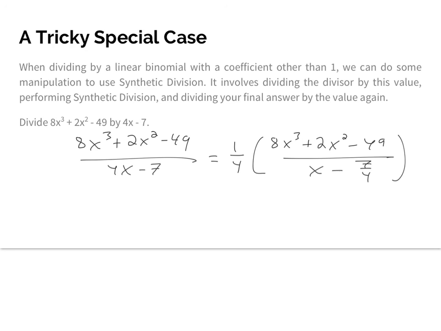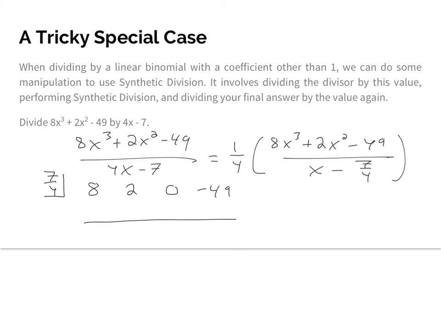So I'm going to set up the synthetic division using the problem in the parentheses. My value for c is 7/4. And then my coefficients are 8 for the x cubed, 2 for the x squared. I don't have an x, so I need to use a placeholder of 0. And then I have negative 49.